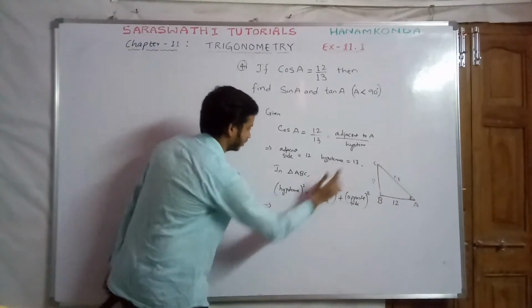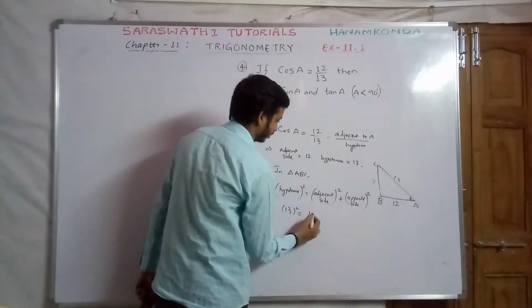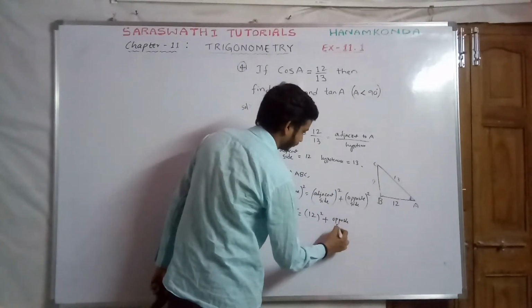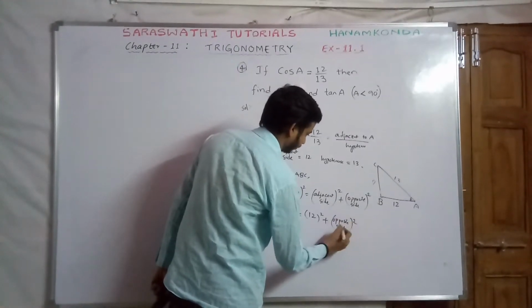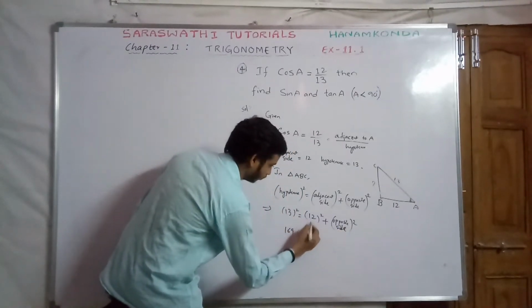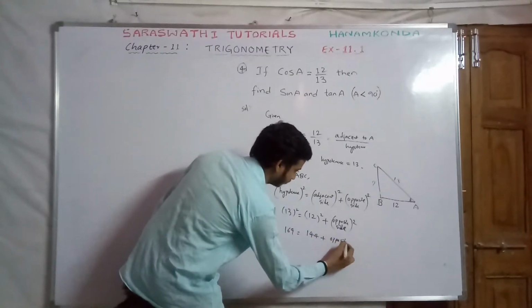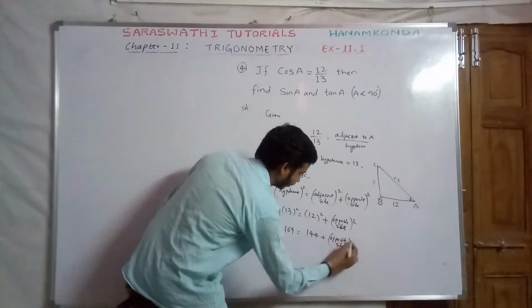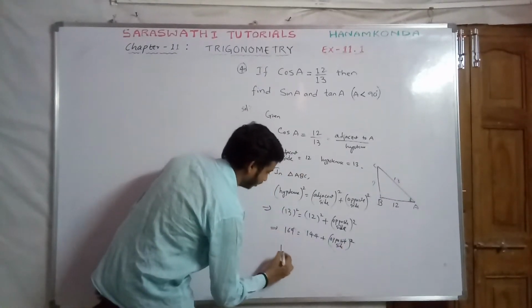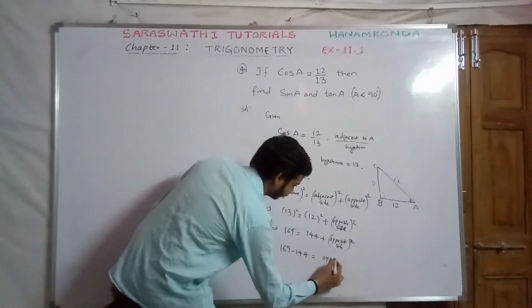That means the hypotenuse here is 13 square, equal to adjacent side square, that is 12 square, plus opposite side square. Now 13 square is 169, equal to 12 square, which is 144, plus opposite side square. Now this 144 comes to the left side and becomes minus 144. So 169 minus 144 equals opposite side square.